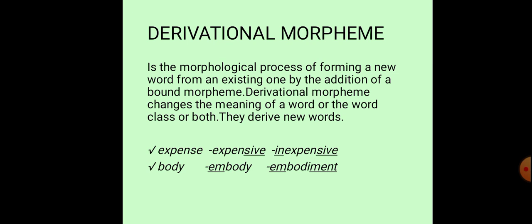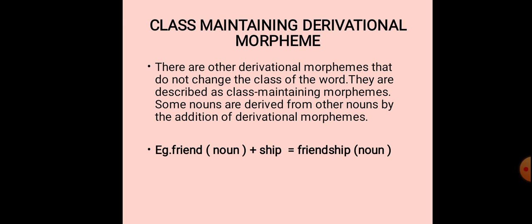We also have body, embodiment, and embody. These are all examples of derivational morphemes. Also, we have class-maintaining derivational morphemes. There are other derivational morphemes that do not change the class of the word.